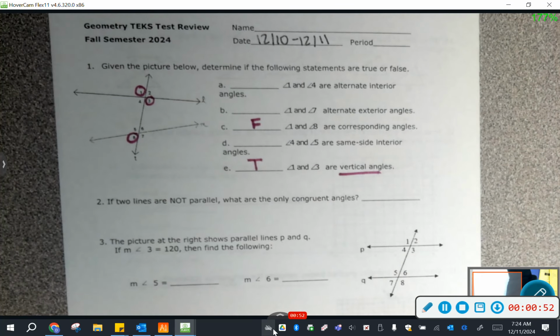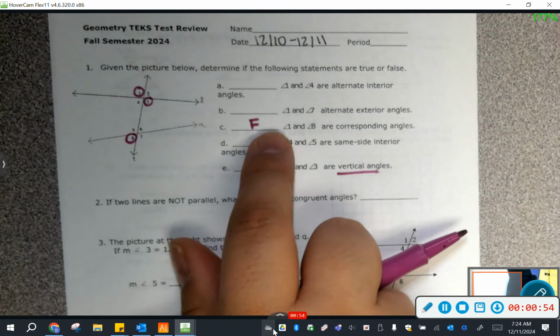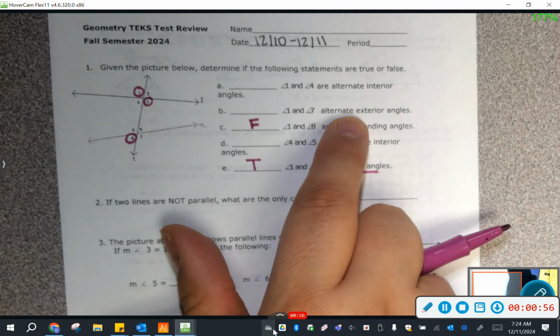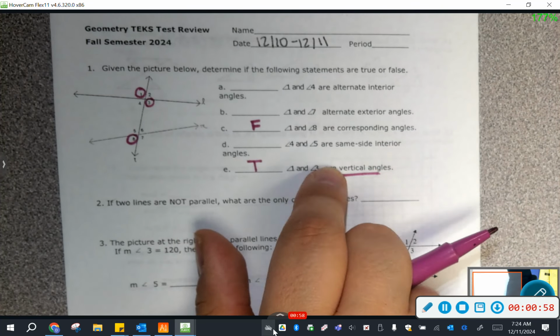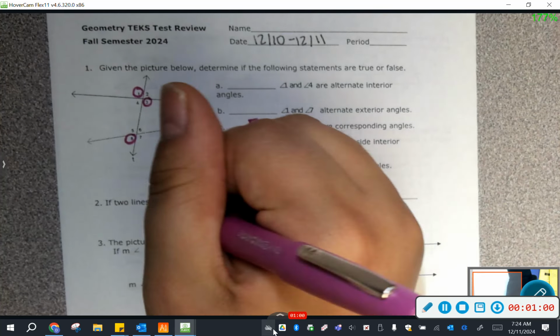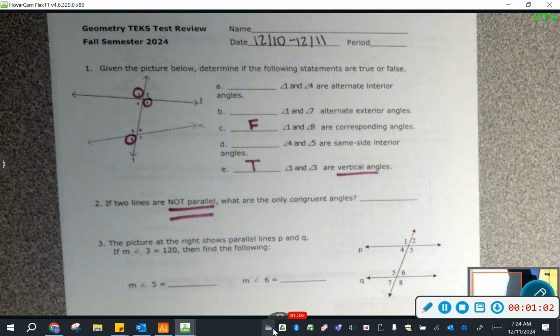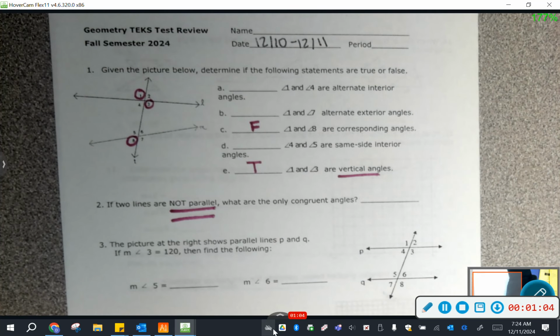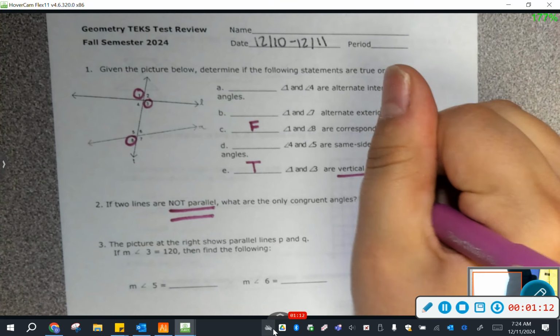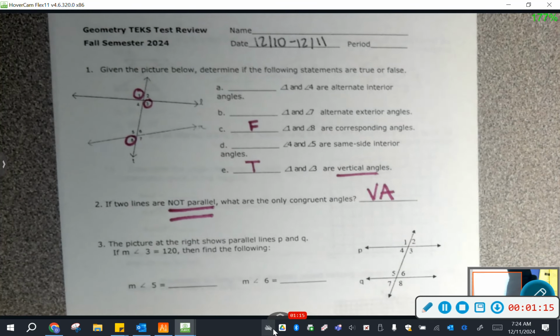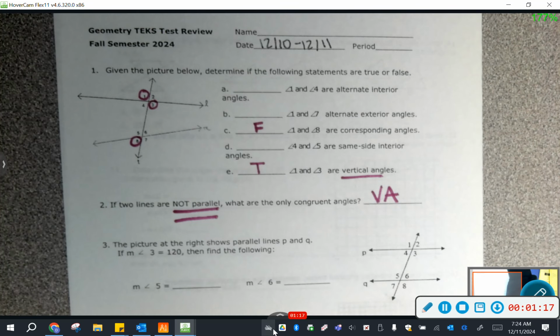If the lines are not parallel, which are the only angles that are going to be congruent? Across from each other, they are vertical angles. The only ones that are congruent, if they're not parallel, are your vertical angles.